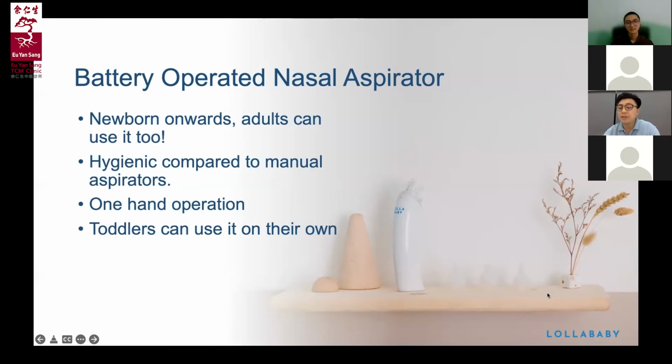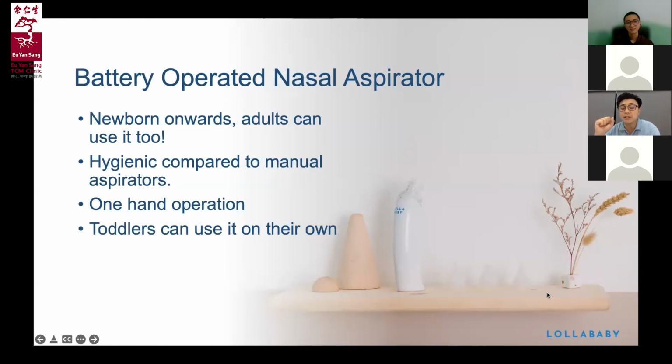So comparing this with the manual aspirator, there are a few kinds of manual aspirator. There is the one with the bulb syringe, where you press the bulb and release to get the suction. However, that suction is not strong enough, and when you press it again, sometimes the mucus gets splashed out as well.